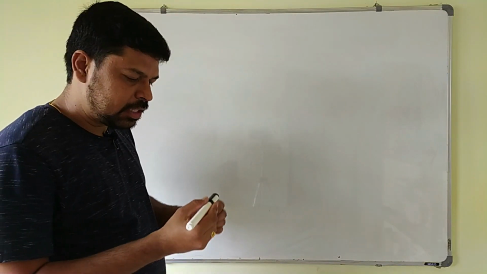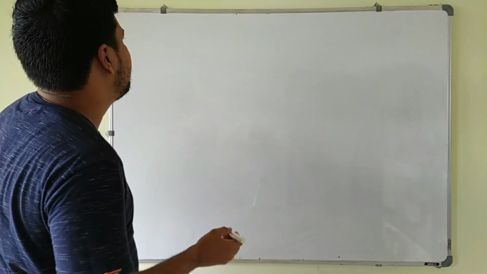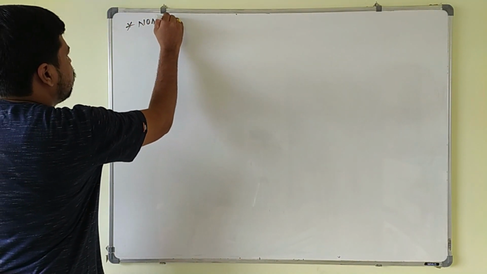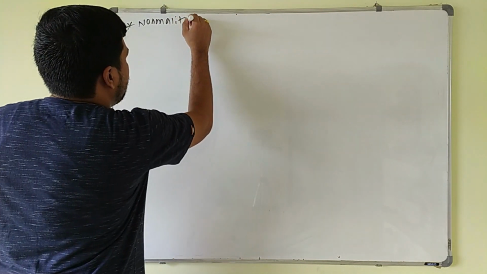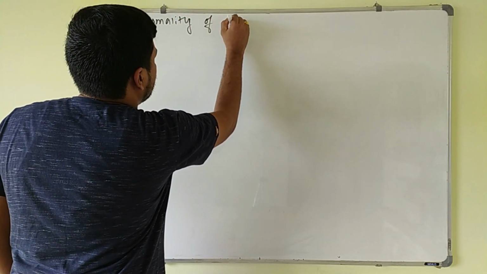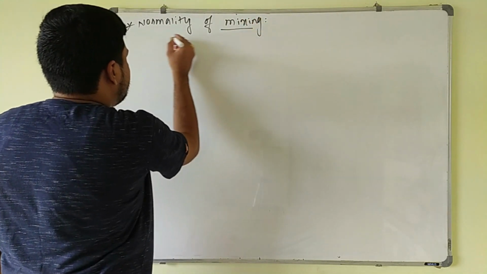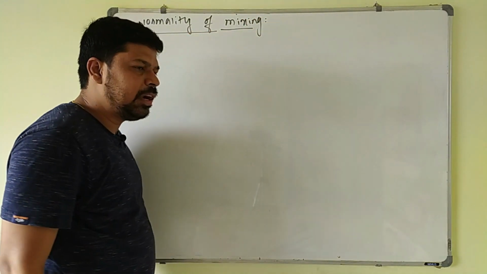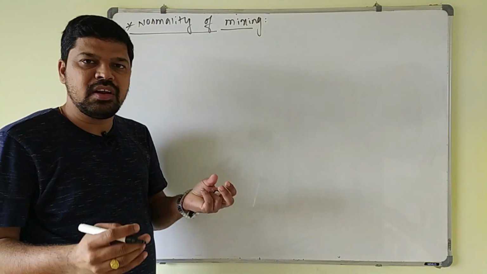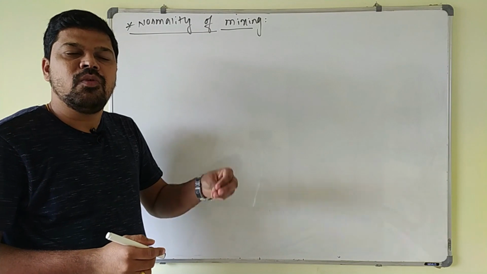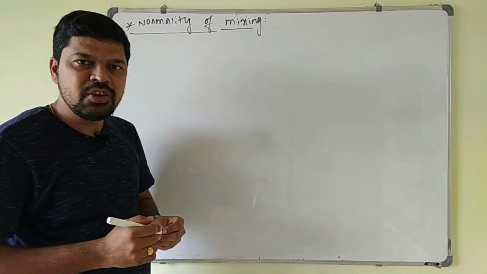Next one. So the next point is normality of mixing. Normality of mixing is nothing but whenever two solutions of different normality are mixed together, then what is the normality of the resulting solution here?